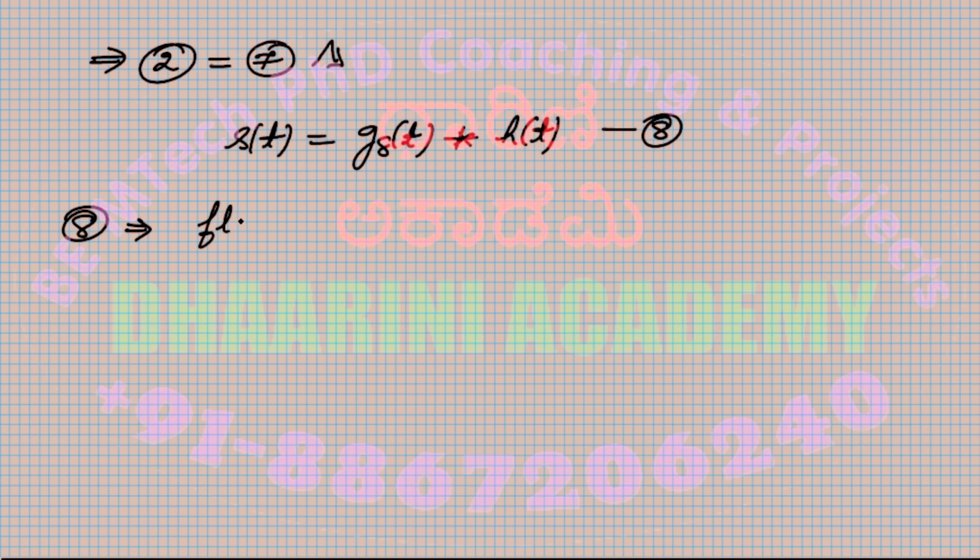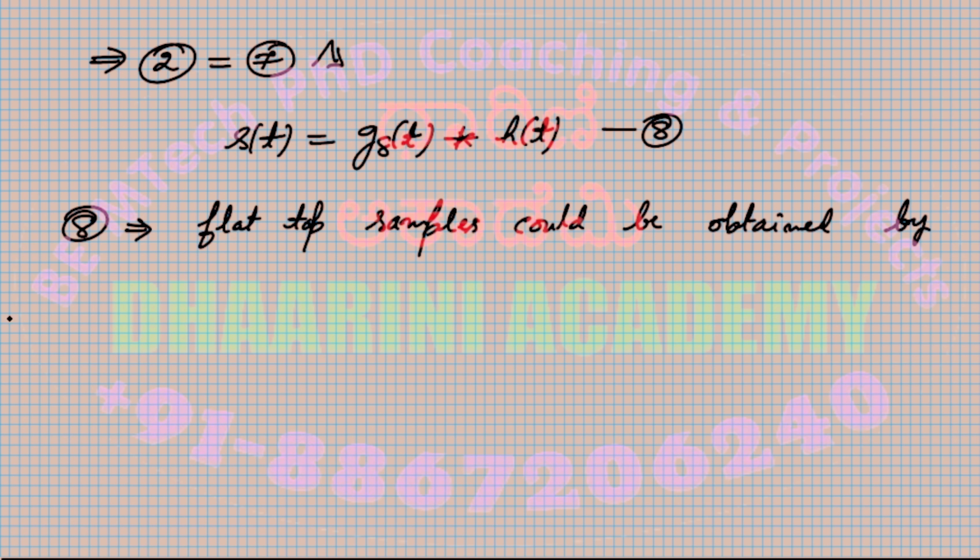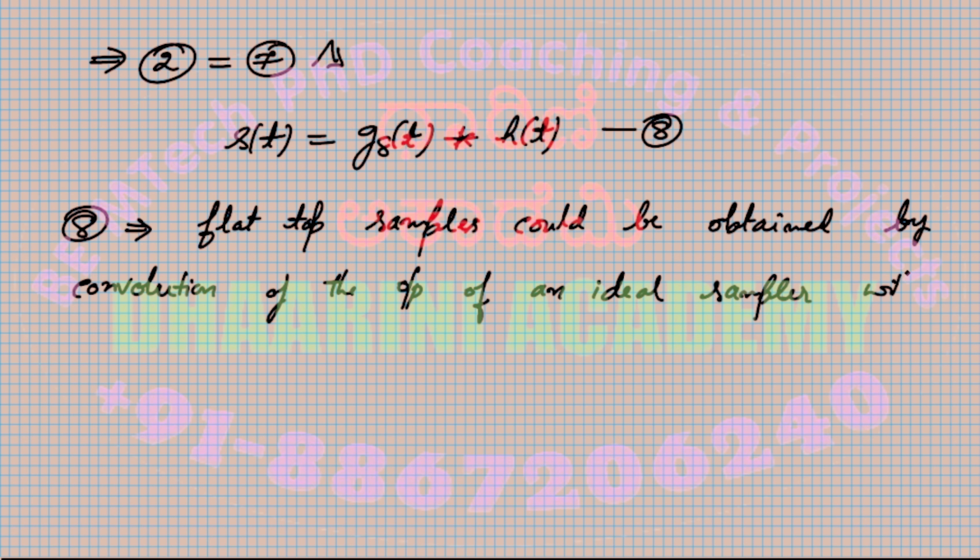This implies the flat top samples could be obtained by performing the convolution of the output of an ideal sampler with which function?